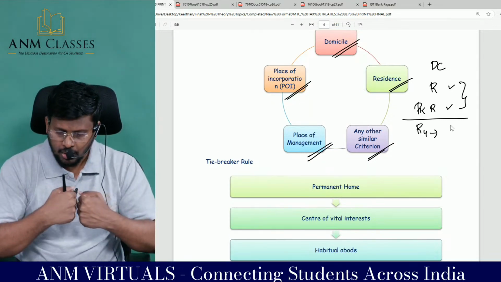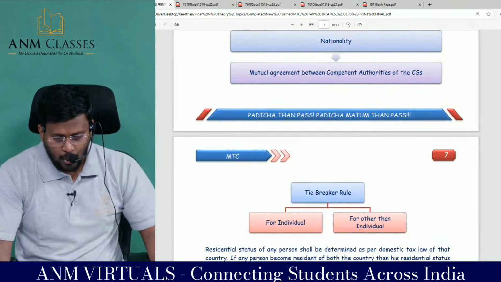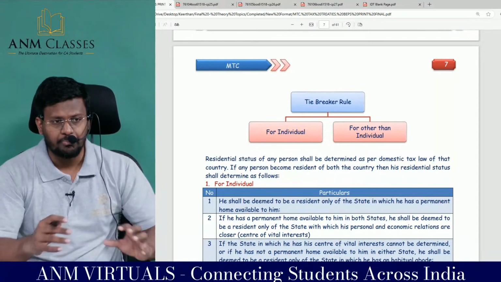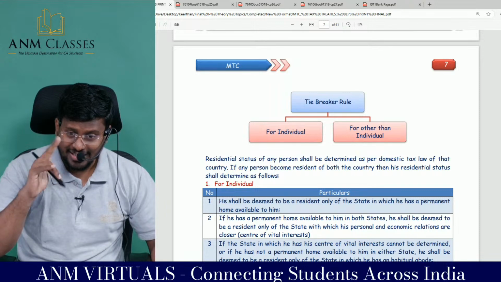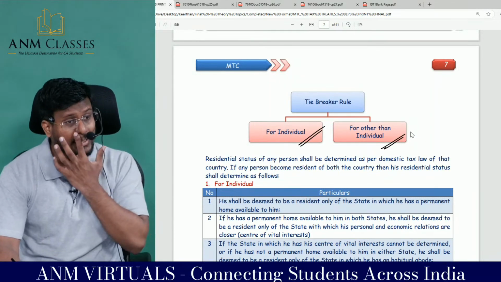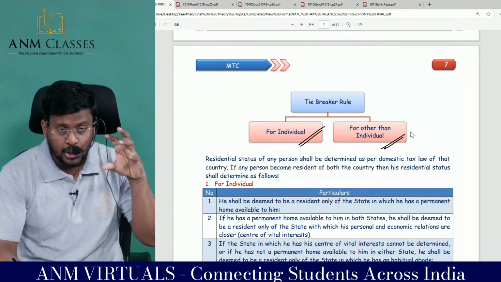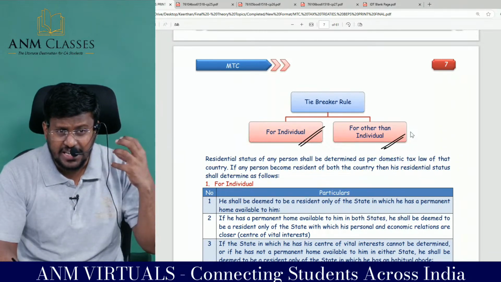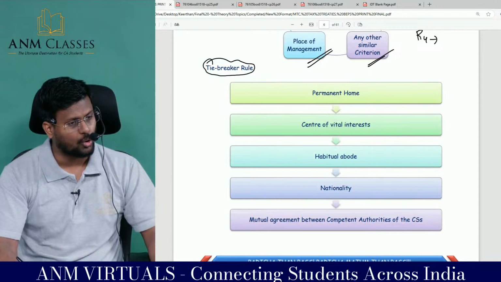What they are saying is that this is the tiebreaker rule; we are going to break the tie. So you have to check whether that dual resident person is an individual or other than an individual. If the dual resident person is an individual, my dear lovable students, you have to follow a five-step approach.